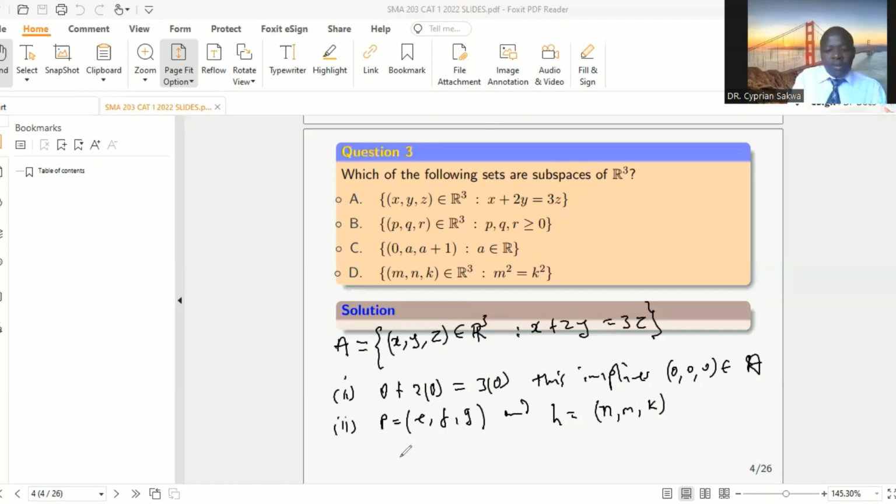What I want to show is what P plus H would be. P plus H would be (E plus N, F plus M, and G plus K).